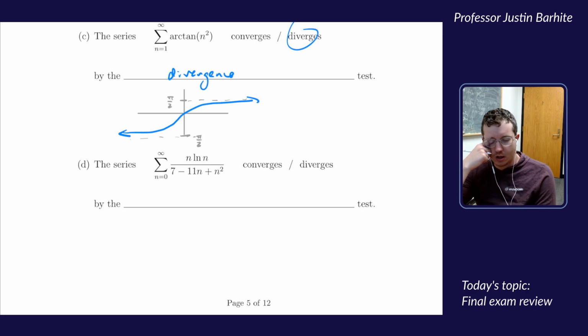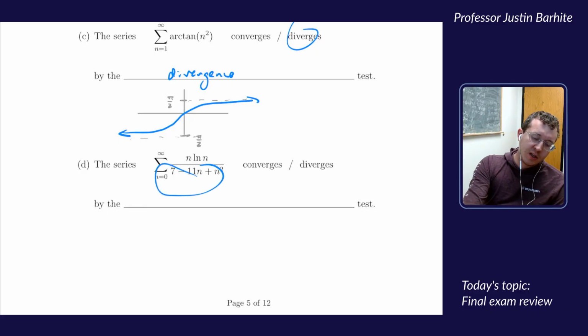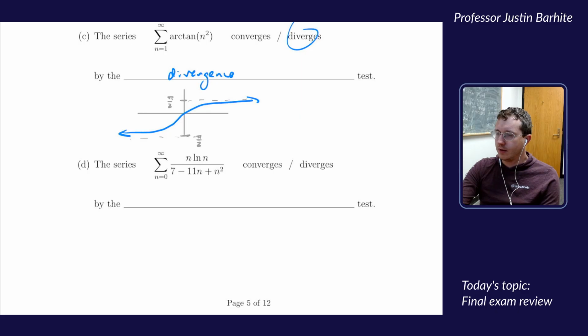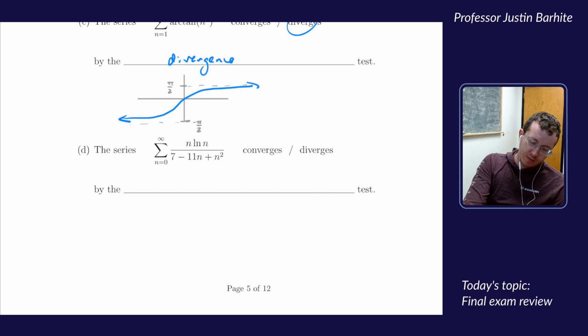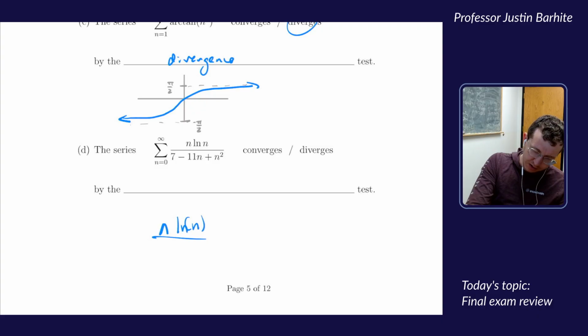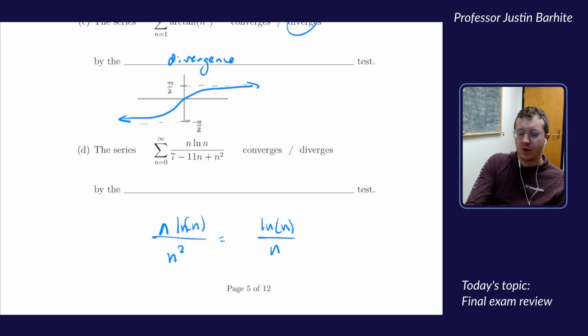Okay, next up we have n log n over 7 minus 11n plus n squared. The fact that the denominator is so complicated makes me think that I want to do a limit comparison test. Like maybe I want to do a limit comparison with something simpler like n log n over n squared, which is log n over n.